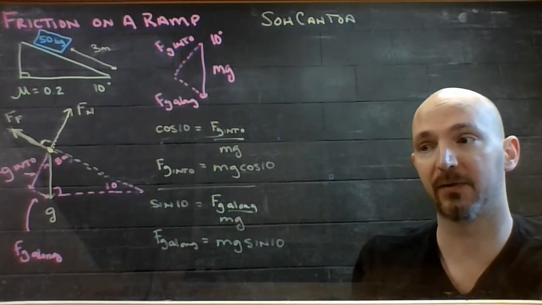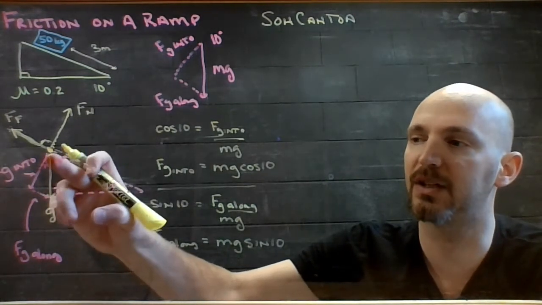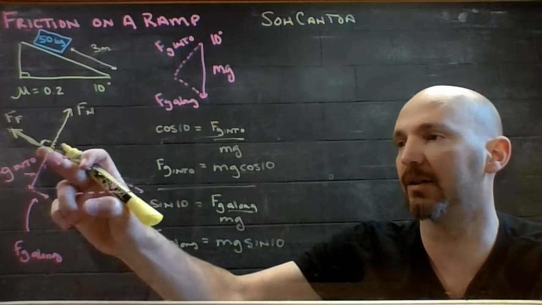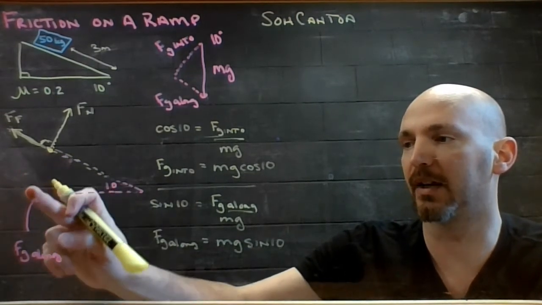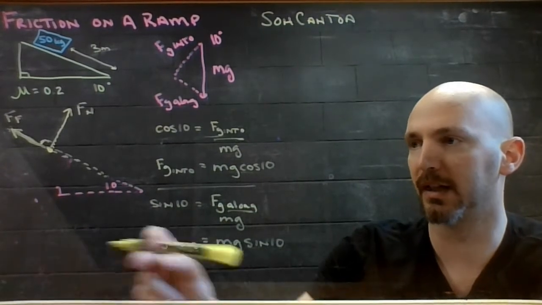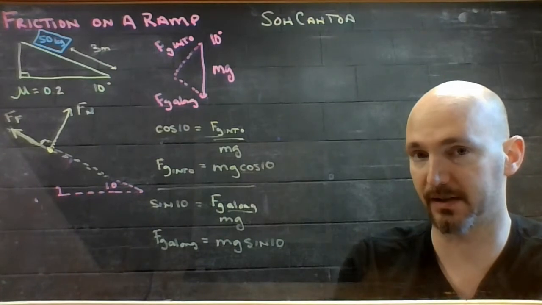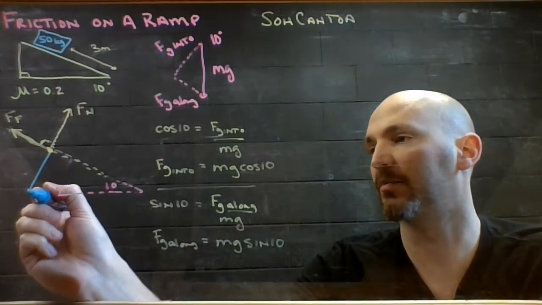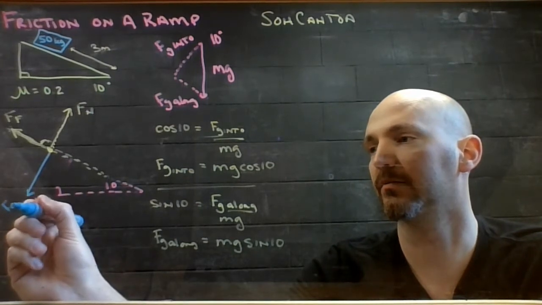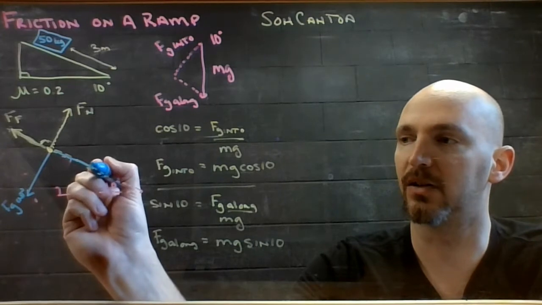So now that I have those forces, if I were to add them to this diagram, instead of G pointing straight down, I have this force of gravity into the ramp, like so, he says, pausing for dramatic effect. The force of gravity pointed into, and the force of gravity that's along.